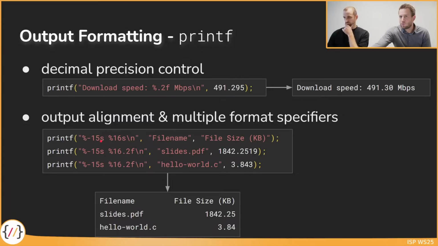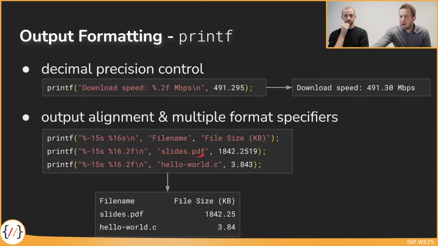So in this case we have a string and another string. So we have two placeholders in one format string. So we have to enter here two values, in this case this string and another string. Then we have again two placeholders, in this case a string and a float.